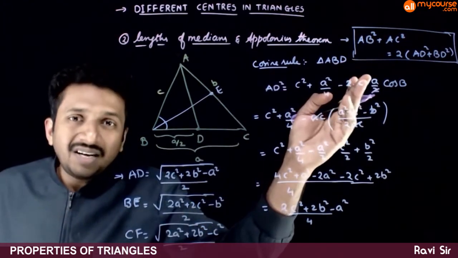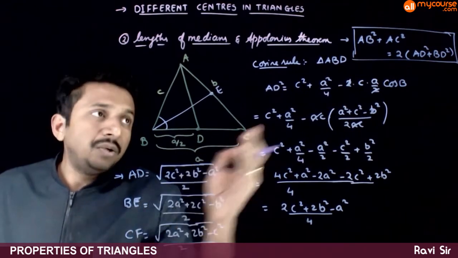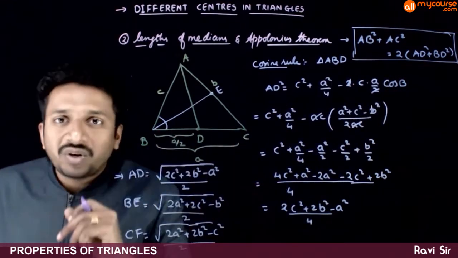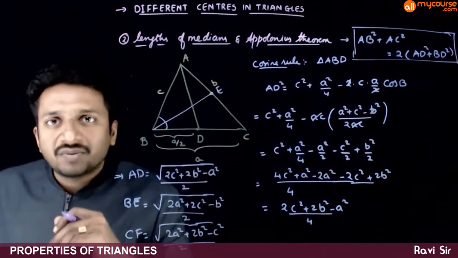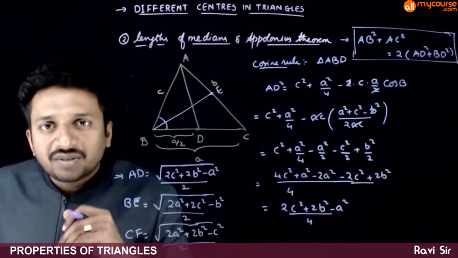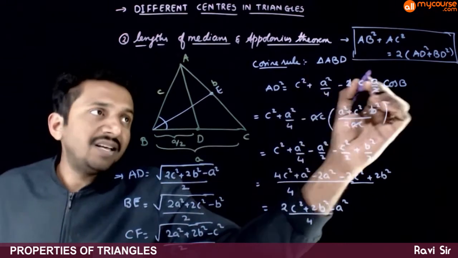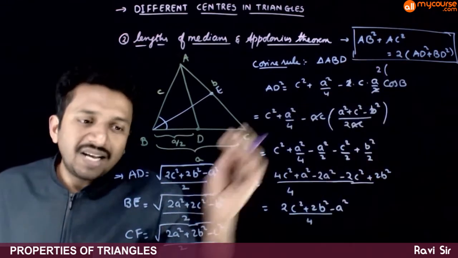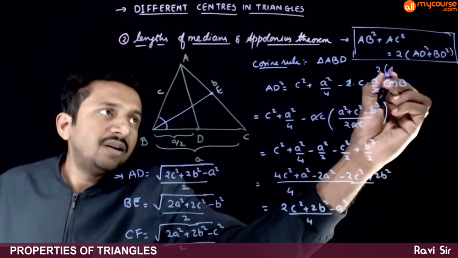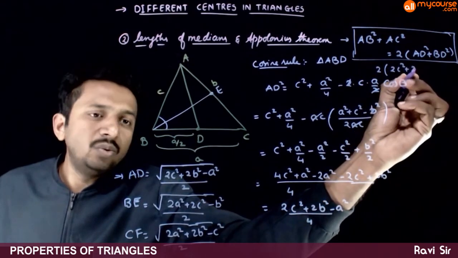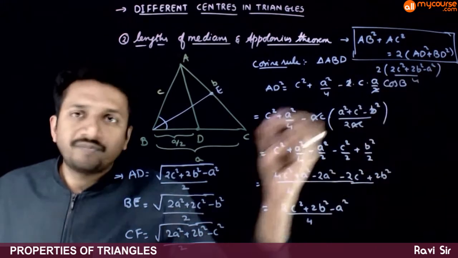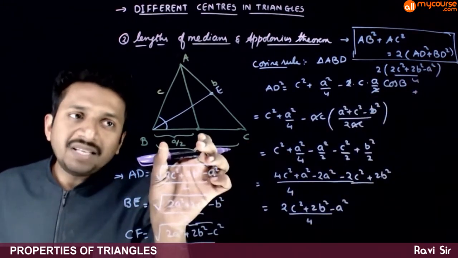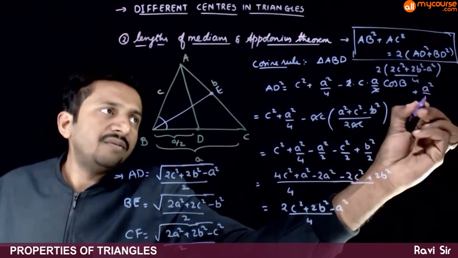You can very easily derive this once you use the formula for AD square. AB square plus AC square is nothing but b square plus c square. The LHS is b square plus c square. So the RHS is 2 times, what is AD square? AD square is 2c square plus 2b square minus a square by 4, plus BD square is nothing but a square by 4.